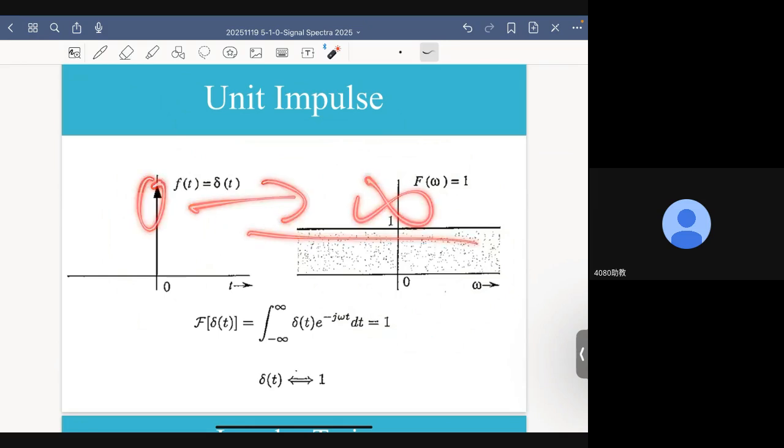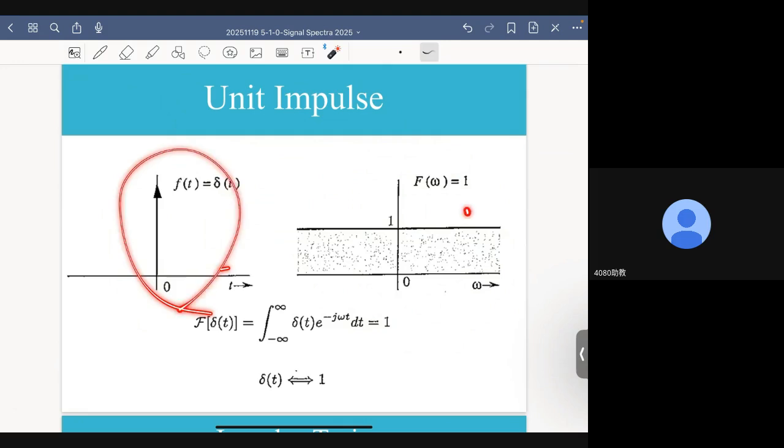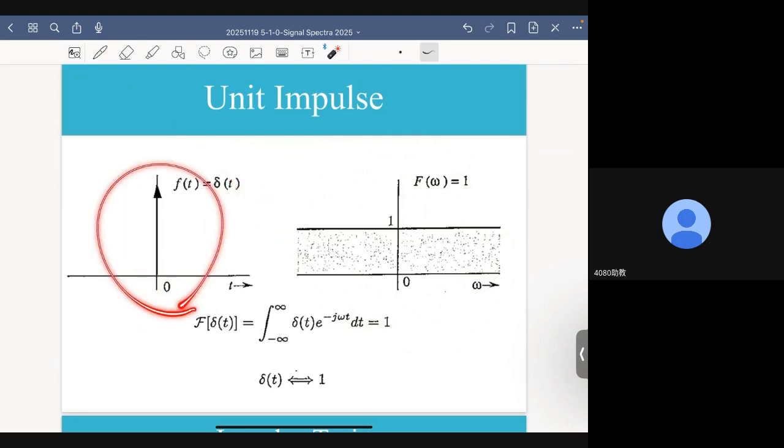And every one of those components has an equal amount of energy density, okay? They all contribute equally to the synthesis of this signal, all right? So this is the time domain representation of the impulse function. This is its frequency domain representation, okay?